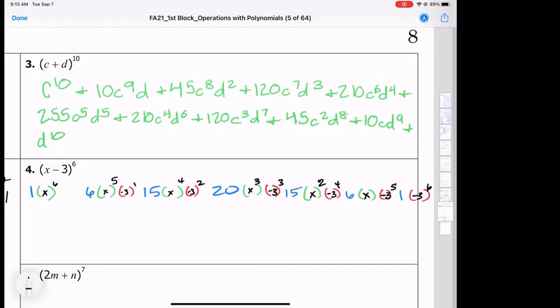So therefore, bringing it out, you have x to the 6th power. Then you have -3 to the 1st power, so that's -3. Multiply it by 6. -3 times 6 is -18 x to the 5th.